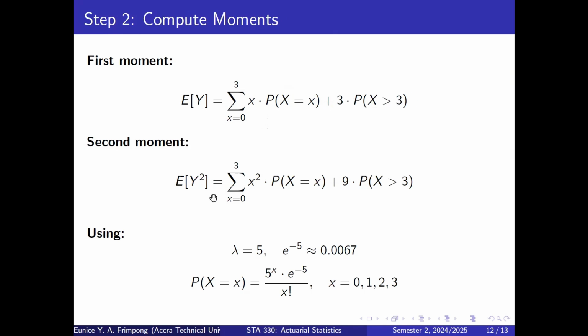The second moment will be given as E of Y squared, where we square the x here, and we also square the policy limit, but everything else remains the same as in the first moment. So using lambda equals 5 and e to the power minus 5 being approximately 0.0067, we have the probability that X equals x being lambda to the power x, times e to the power minus lambda, over x factorial.